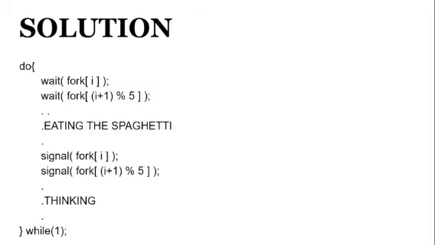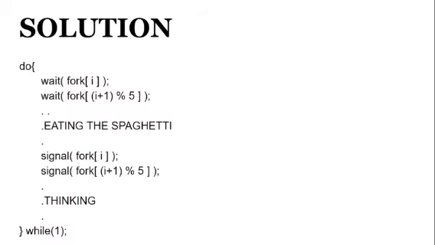Now let's take a semaphore to represent a fork. What is a semaphore? A semaphore could be called a variable here. Now we'll not get into much detail about semaphore. Let us assume that this is a variable. Now a fork can be picked up by executing a wait operation on the semaphore fork and released by executing a signal operation on the fork.